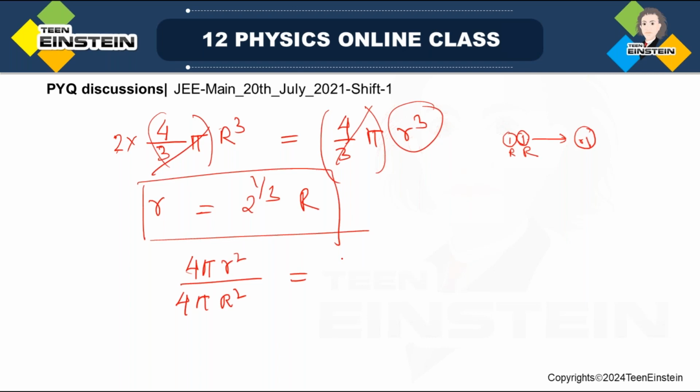So this is 4 pi, small r is 2 to the power 1/3 capital R, whole square, divided by 4 pi R square.